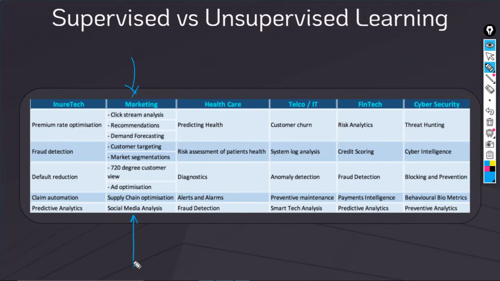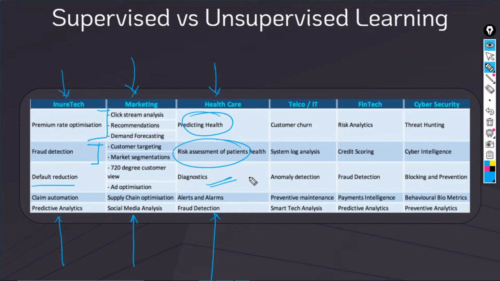Within healthcare, as you can see, there is predicting health, risk assessment of patients' health, and diagnostics. Then you have default reduction. Now, this is insure tech. Okay, guys, these are the different sectors. So, this is premium rate optimization, all these here. These are different fraud detection techniques. These are defaulters reduction, claim automation, and predictive analysis.